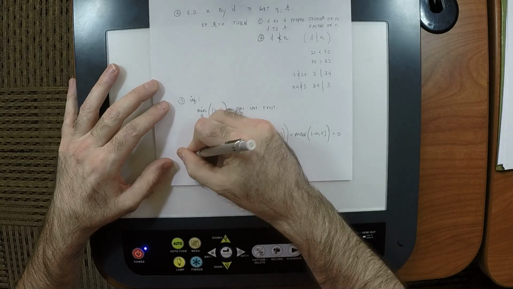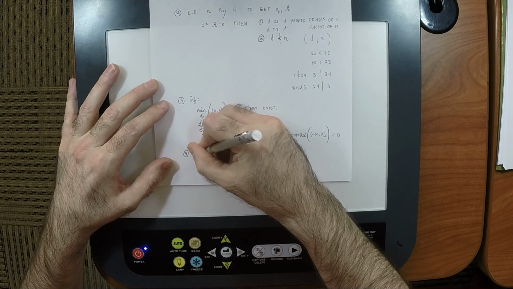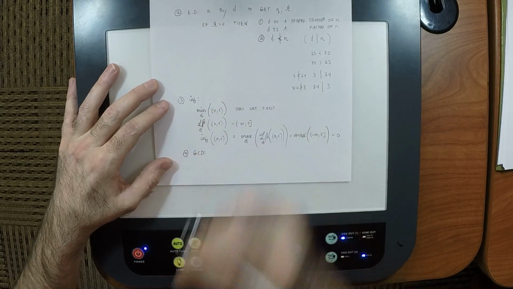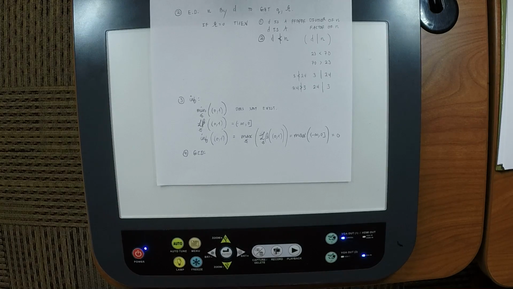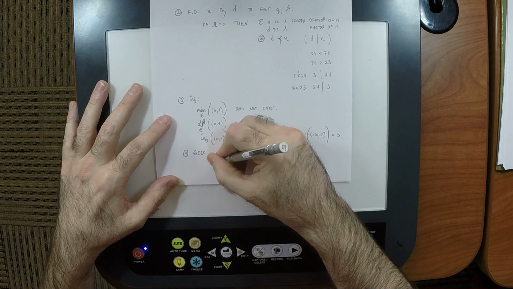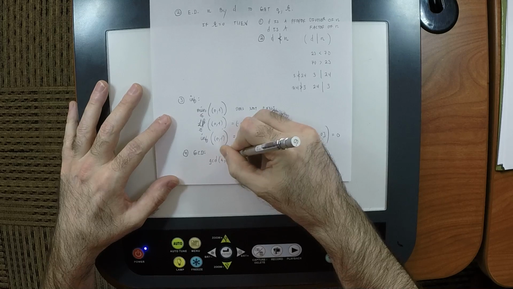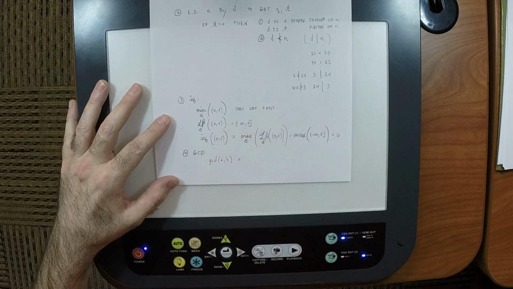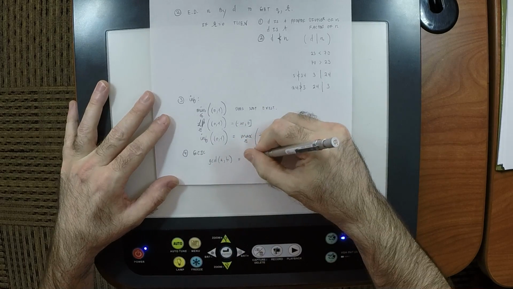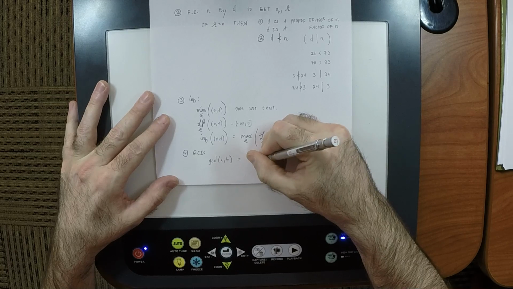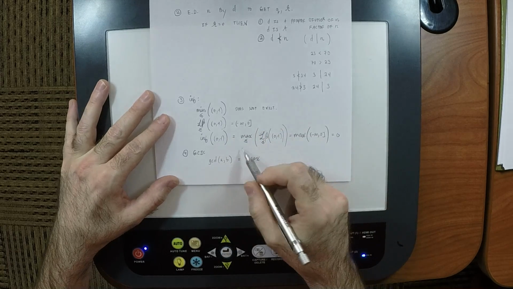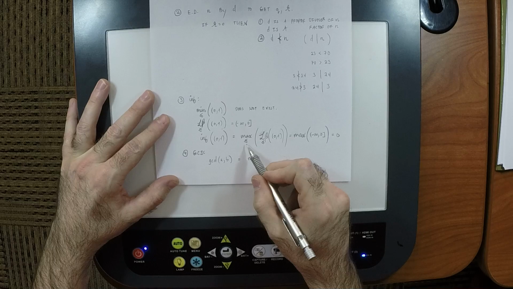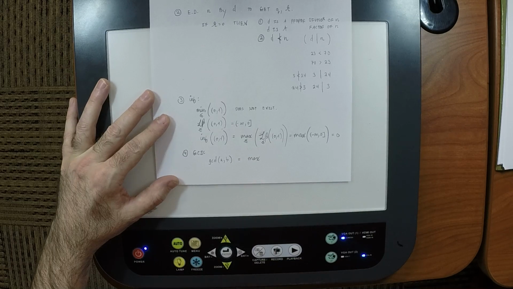So GCD, defined on the naturals. We have a function GCD of A and B. What it is, it's the maximum. I'm writing less or equal there to remind you that when I'm talking about maximum, I'm talking about the linear order.